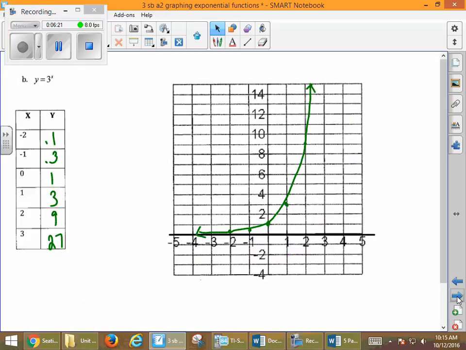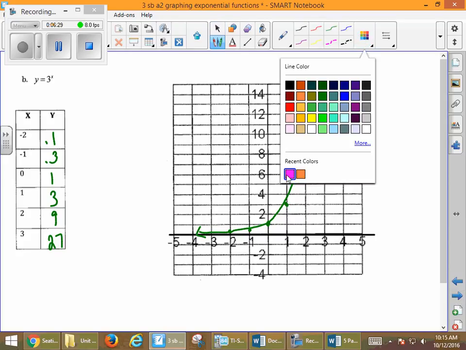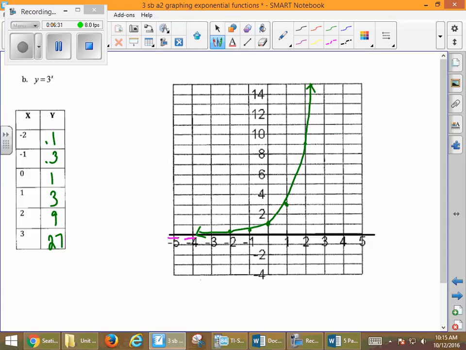Here is the picture of y equals 3 to the x. Once again, I would like to point out that, even though I can't draw it in very well, we have an asymptote at y equals 0. Our graph gets very close to the x-axis, but it never quite touches.